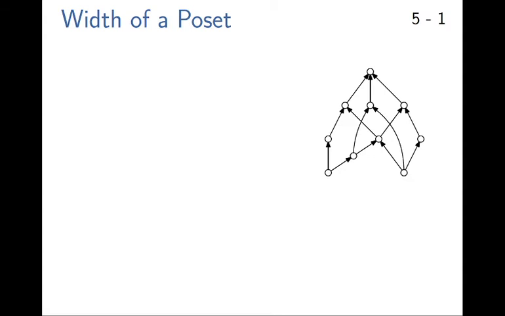For our results, it's very important to know what the width is of a poset, and for this we need some more terminology. Here's an example DAG, and before we were just considering two elements, if they are comparable or incomparable. You can also do this now with a subset of elements.